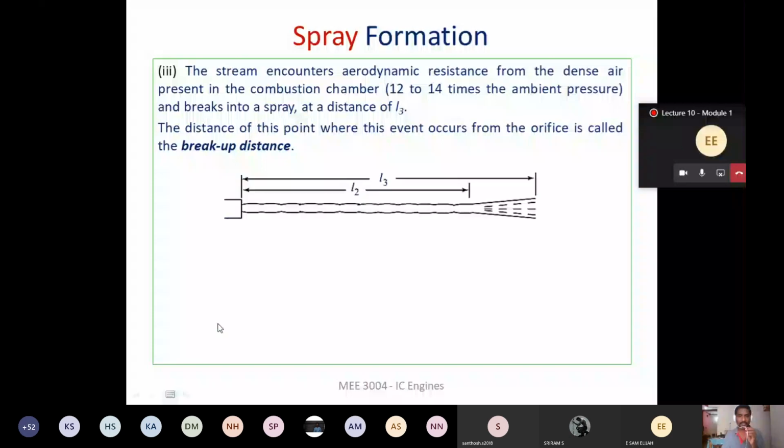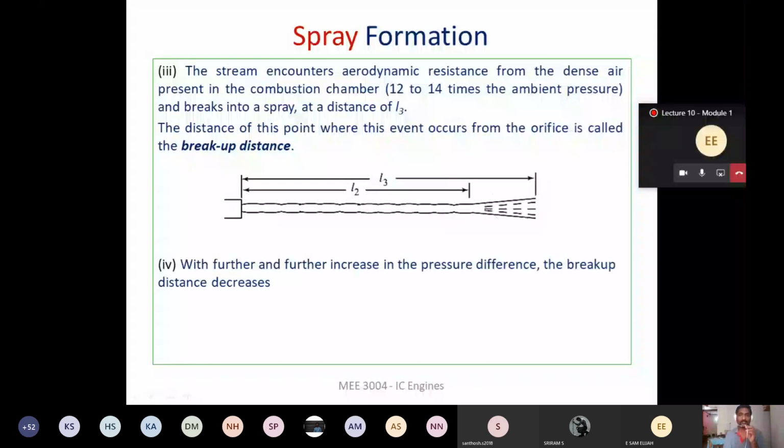So now if you see, from the nozzle orifice, because of the subsequent increase in pressure, this is the stream. Okay. And beyond this, the dispersion of the liquid starts, and you will see the formation of a cone, right? The dispersion is going to diverge and the formation of the cone is going to happen. This complete distance we call the breakup distance.